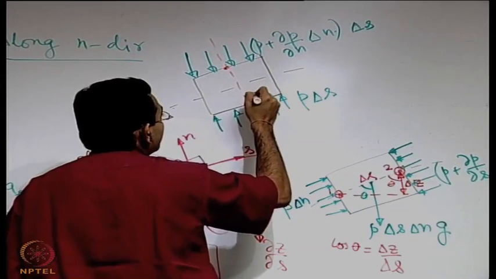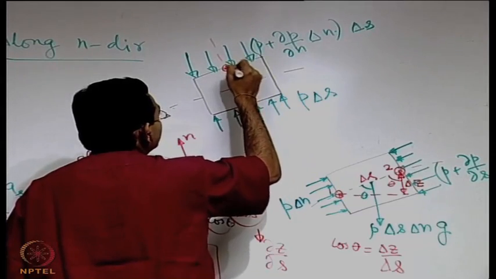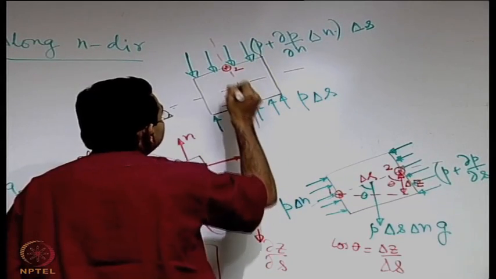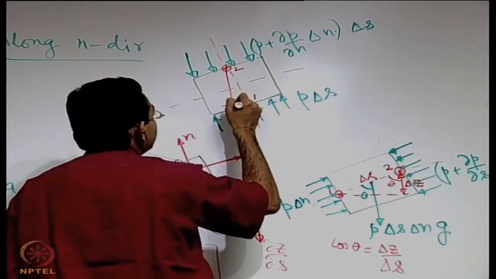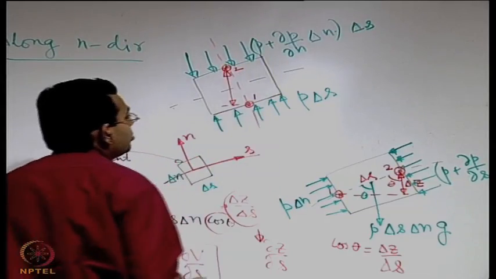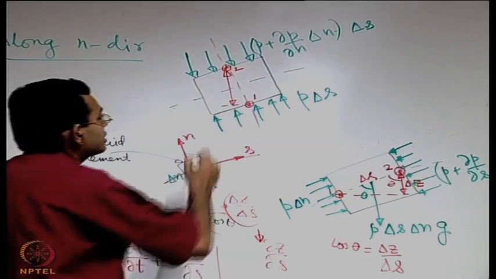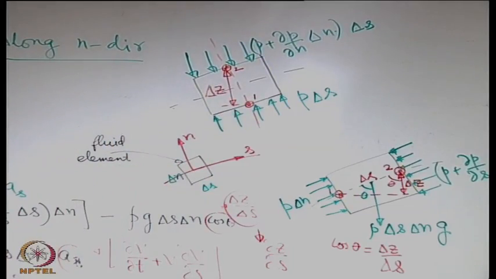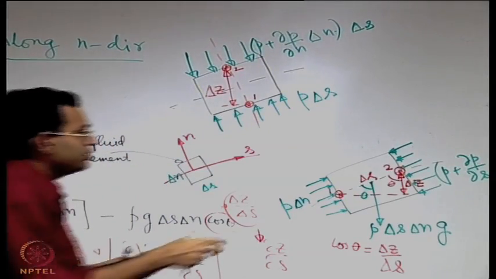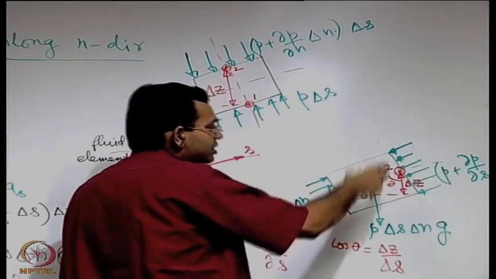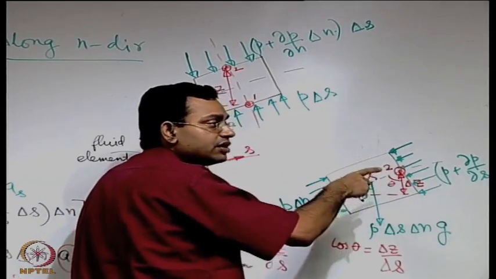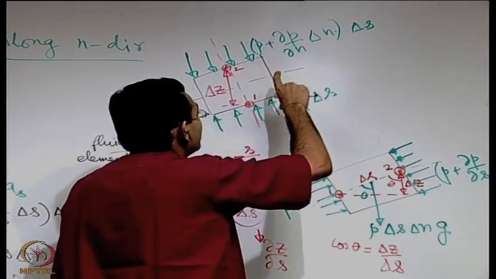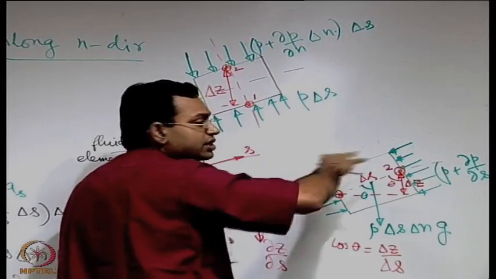So this is say 1, this is 2, and there is a difference in vertical elevation or the height between the points 1 and 2, say that is given by delta z. So delta z is what? Delta z symbolically in either case represents the vertical elevation between the two faces which are contributing to the forces along that direction.